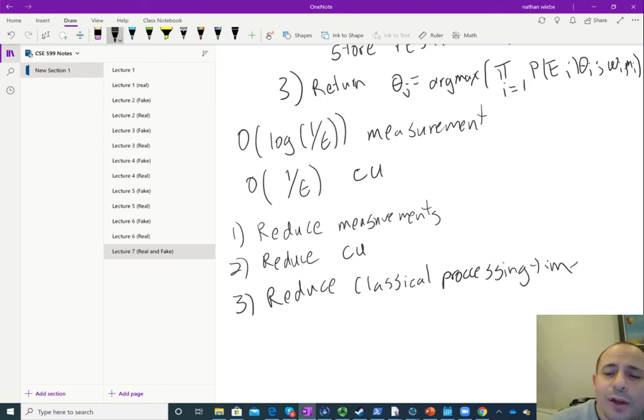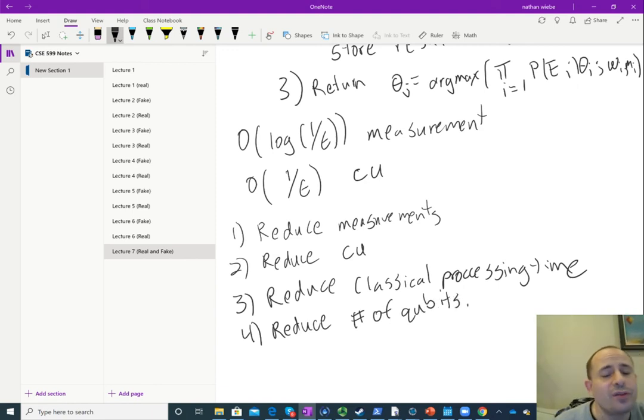And you know what? I'll put another one in here. Four, we want to reduce the number of qubits, because some approaches to phase estimation solve many of these problems, but they require more qubits. Others make trade-offs in different ways.